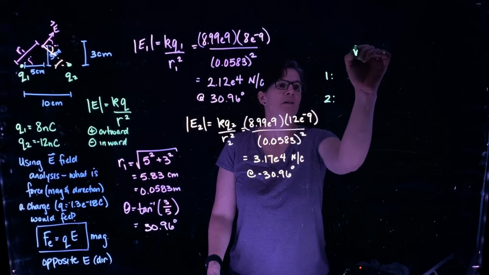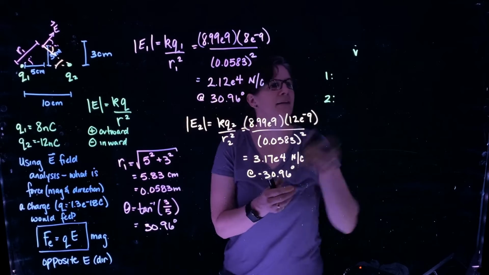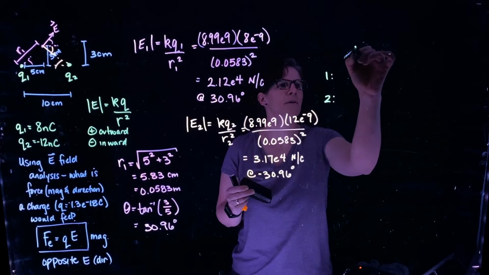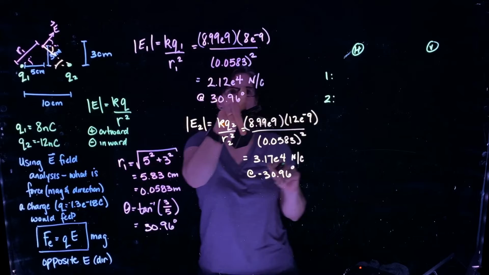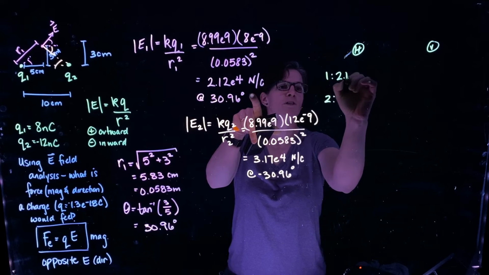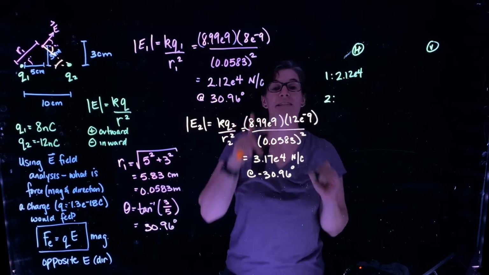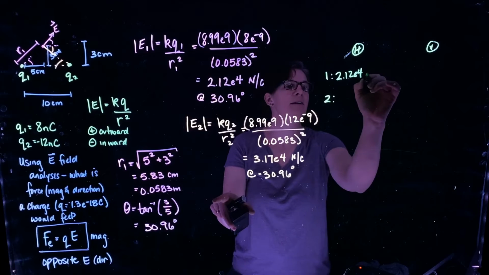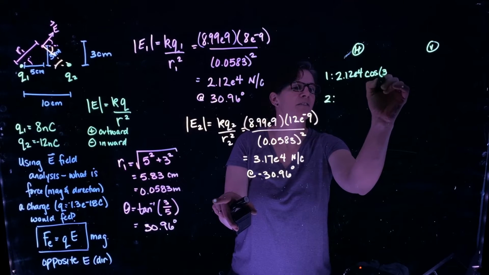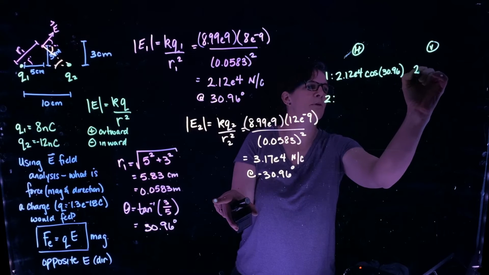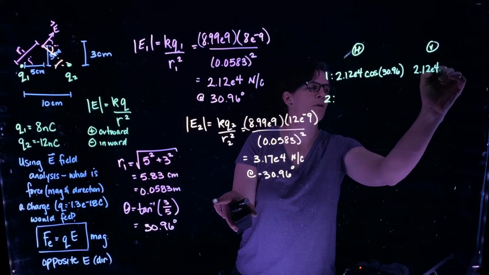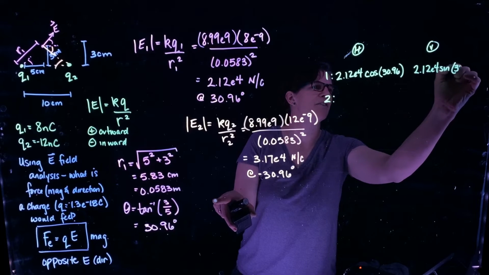They are both going to contribute a horizontal component to the electric field and a vertical component to the electric field. Charge 1, 2.12 times 10 to the fourth, and since I'm using the positive x-axis, it's the cosine of 30.96. Its vertical component, 2.12 times 10 to the fourth times the sine of 30.96.